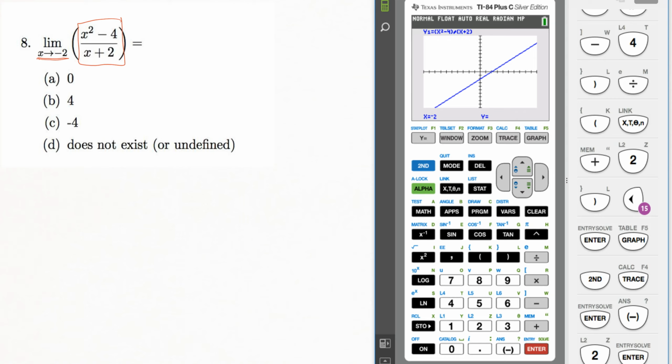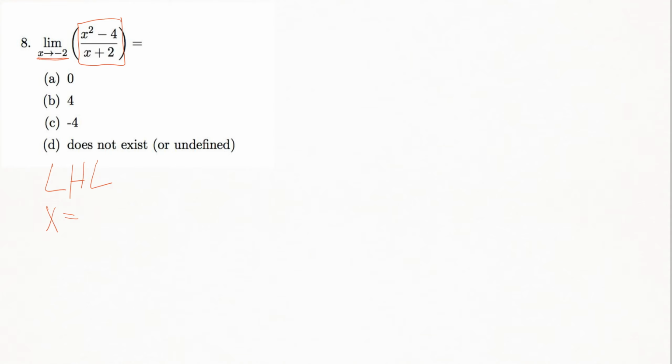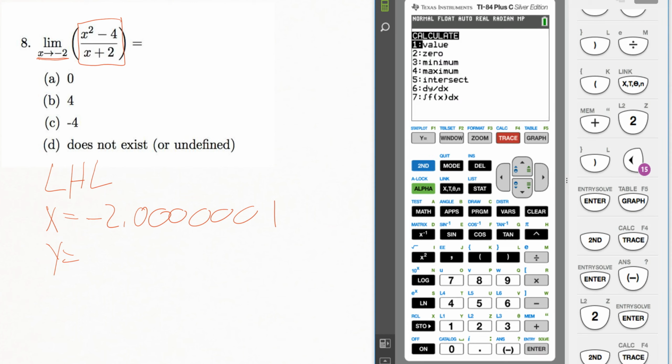When I go to find my left-hand limit, I'm going to look for an x value that's really close to negative 2 from the left. So for my left-hand limit, I'm going to enter x equals negative 2.000001, a whole bunch of ones, and see what the y value is that comes out. I open up my calculator again, and this time I do second and then calc, value number 1.